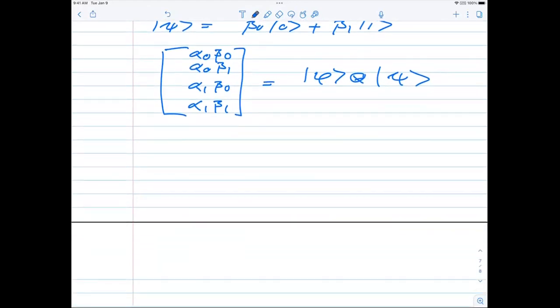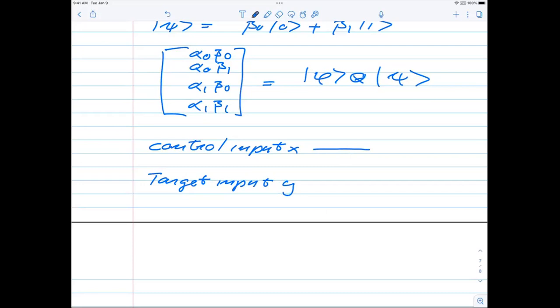So we would have something which we are going to call a control input X, and then I have a target input, which I call Y. And the way we're going to mark this is that the control input X is represented by this circle here, and that produces an X here. And then I have the target input, which I'm going to mark with this plus here.